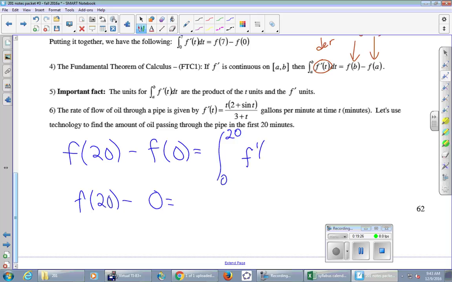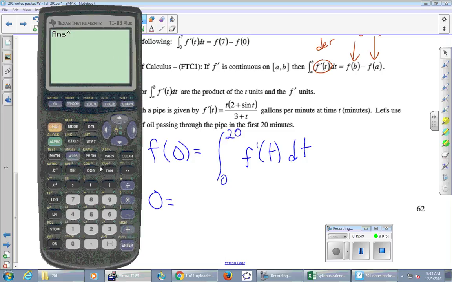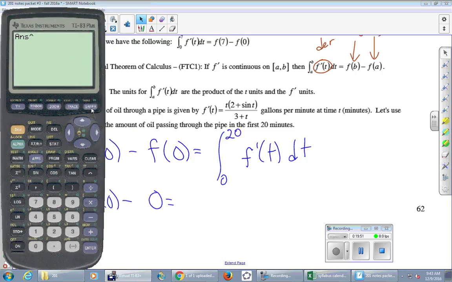F prime. F prime is the thing that's inside that integral. And that's it. So we've got our calculator to help us, but we just want the integral from 0 to 20, the area under the curve for that picture. So that's what we ask for.